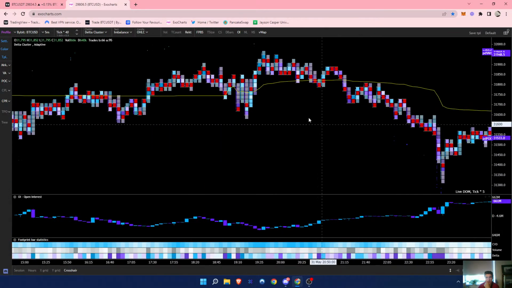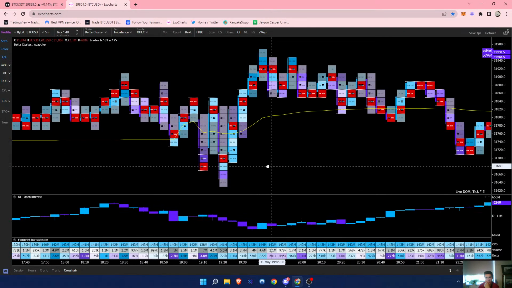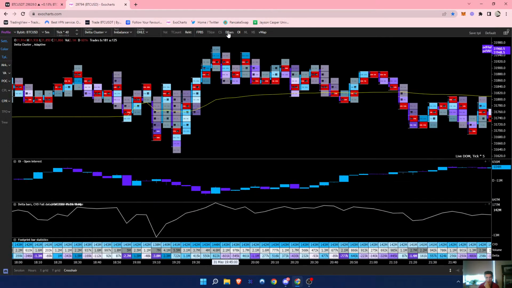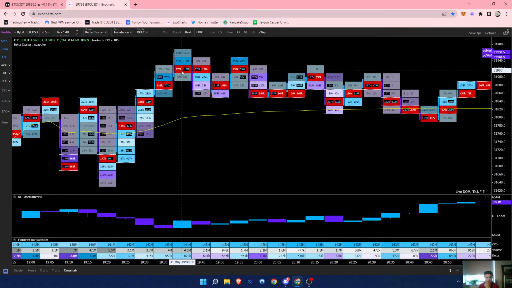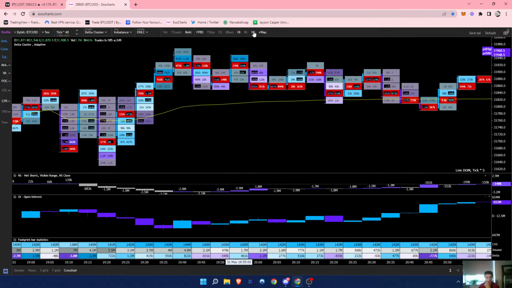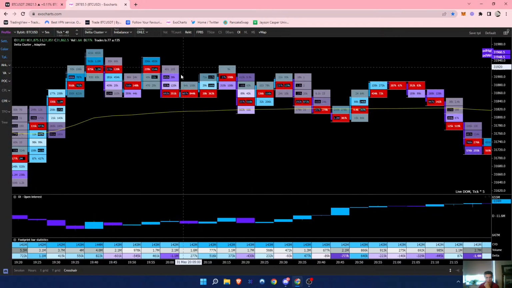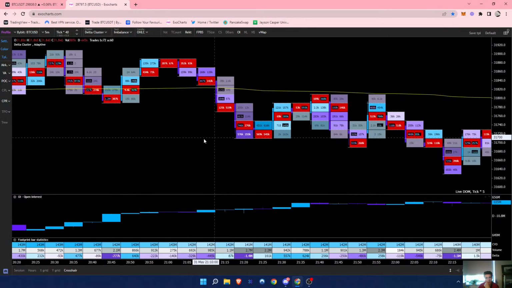It's kind of hard to see because I can't really know where support was, but I think this was a swing failure pattern up here. Again, some trap longs that came in, getting stopped out. Then of course we got a retest, even more shorts kind of coming in here.